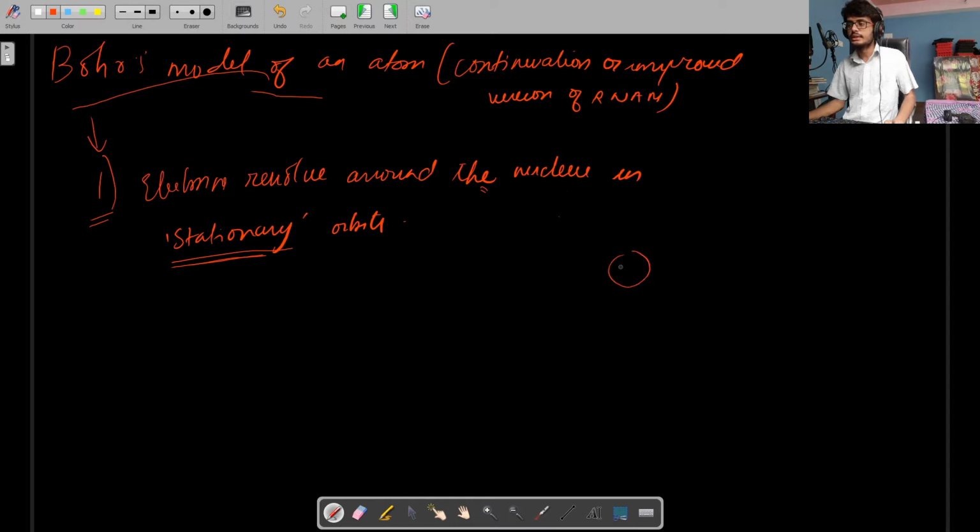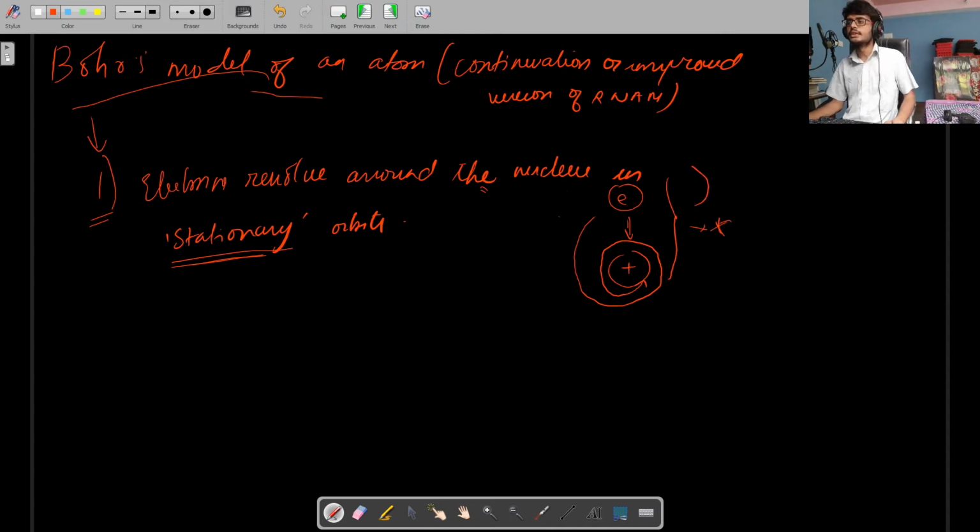The nucleus is positive and the electron is negative, so the pull on the electron will be so high that the electron would start spiraling down and ultimately collapse into the nucleus. This was actually a drawback. The Rutherford model could not explain this.